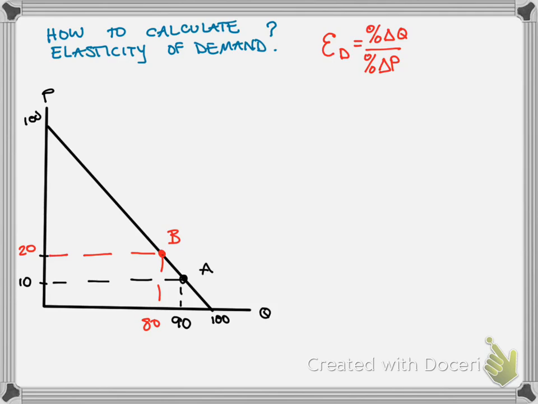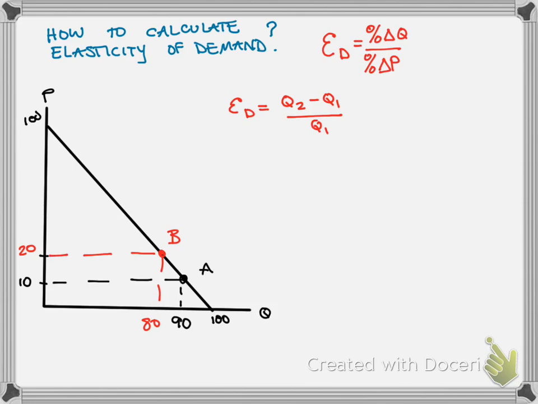Okay, well, to calculate that, we're going to first calculate the percentage change in quantity. So the elasticity of demand is equal to the percentage change of quantity, which is Q2 minus Q1 divided by Q1.